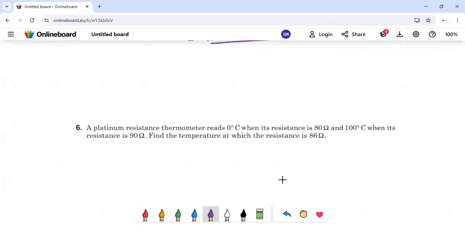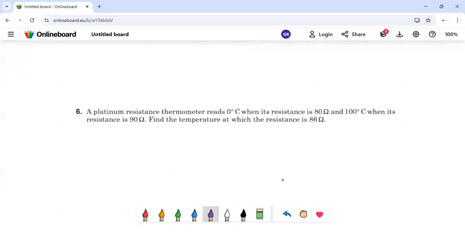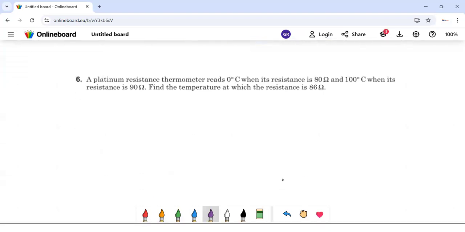Before we take this question, let me just give you an idea. Resistance thermometer works similar to how our temperature scales work. So here, 0 degree corresponds to what resistance? 80 ohm, right? So R at 0 degree is 80 ohm and 100 degree is 90.